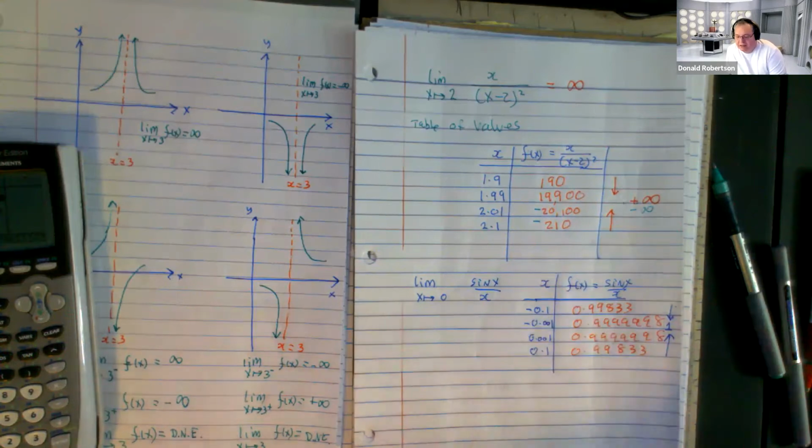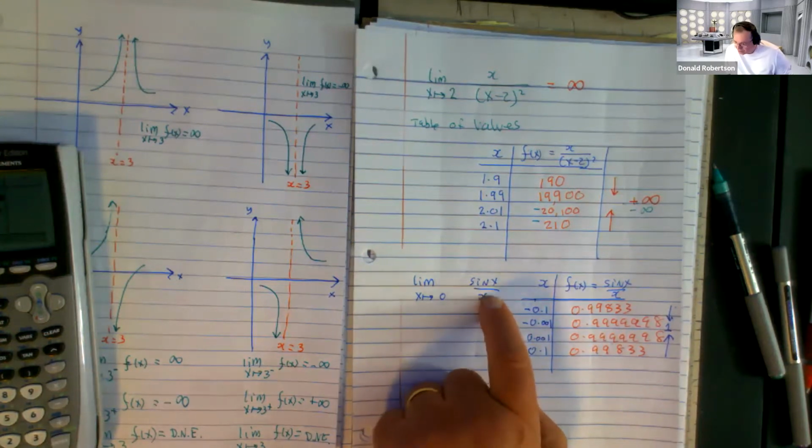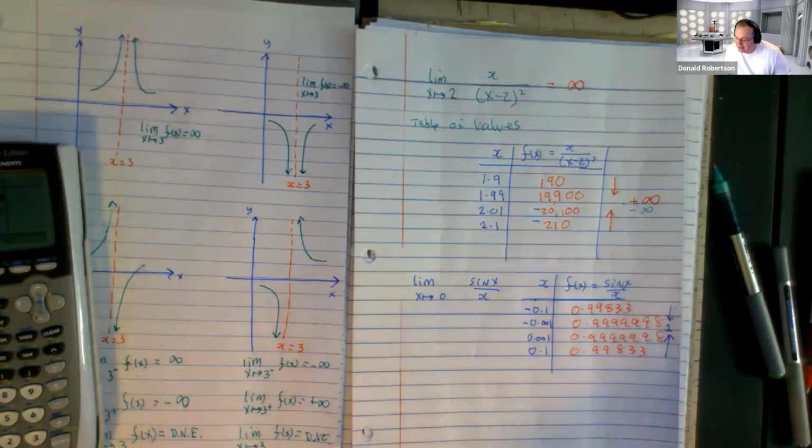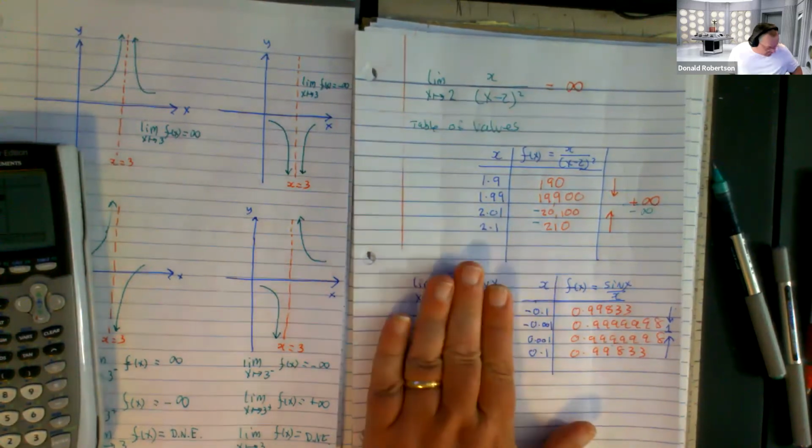Now, I put that one in just to get you used to the idea that not everything is a vertical asymptote just because the bottom is 0, right? You could get something that has a 0 on the bottom, as this one would have, that has a limit that's not infinite. But the ones you are going to deal with in your day-to-day world are going to be these guys, right? So this is just a special case.